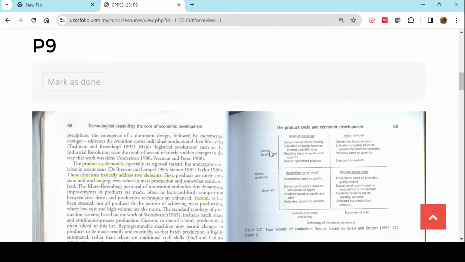Short product life cycles are a direct consequence of product differentiation strategy. Product differentiation strategy based on quality. That's how companies differentiate their products from other companies' product through quality.